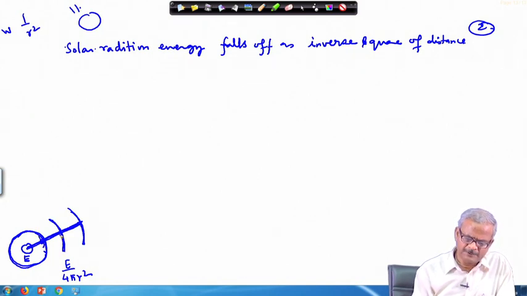As you go further, this will reduce because the area is increasing as the r square term. So, the energy per unit area decreases as 1 by r square. As we keep going far away, it will keep decreasing.